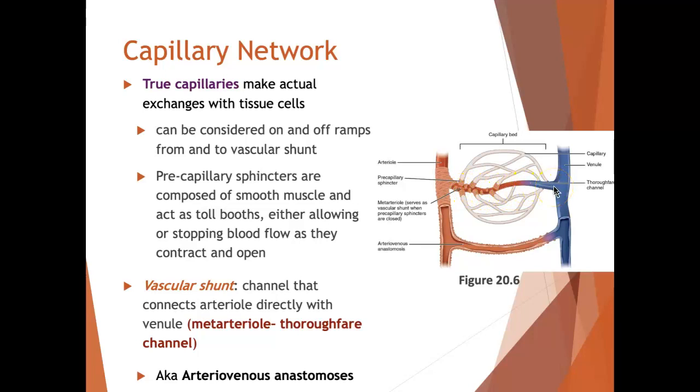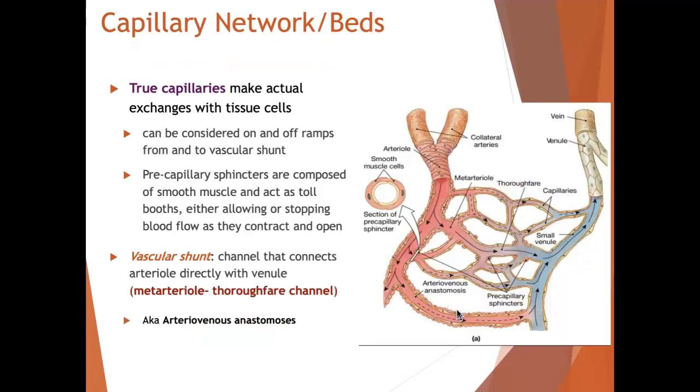This is also known as our vascular shunt, where the arteriole is basically directly moving through to the venule, or we can see in this picture over here where the precapillary sphincters are relaxed and we are able to move blood flow throughout the entire capillary, and in that way we're able to make more gas exchange within the tissue.